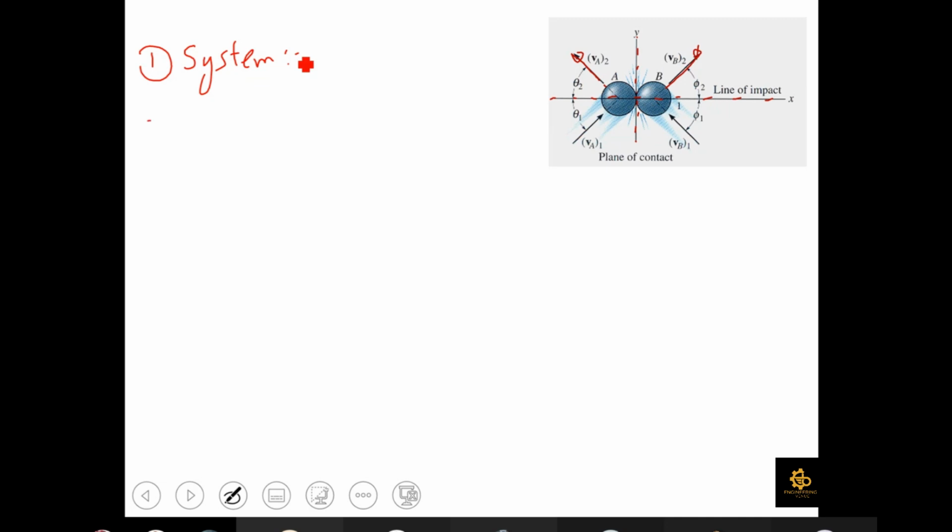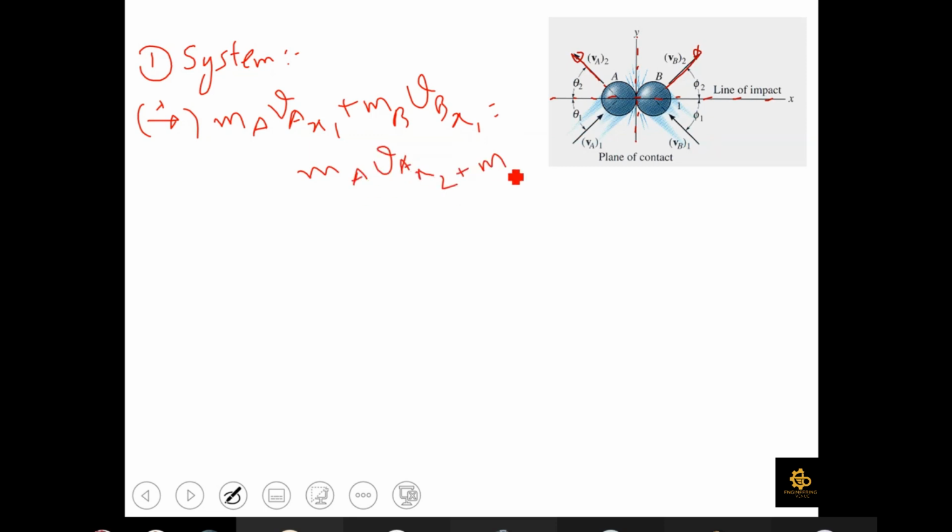So applying the conservation of momentum principle along the line of impact, the equation would become mA vAx1 plus mB vBx1 should be equal to mA vAx2 plus mB vBx2. So step number 1 is almost similar to the step number 1 of central impact.